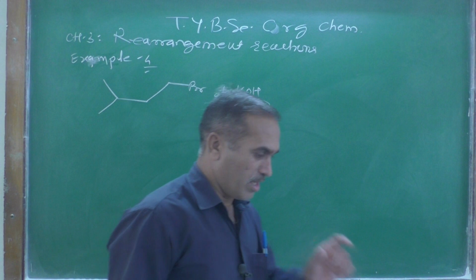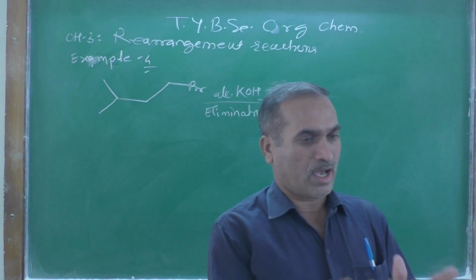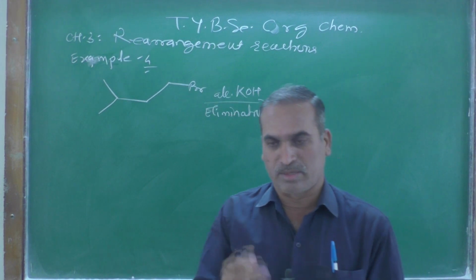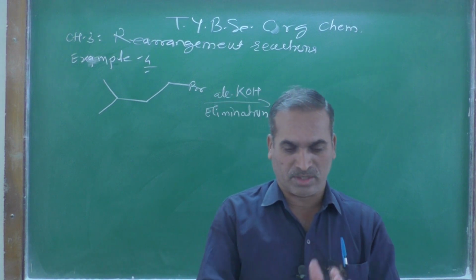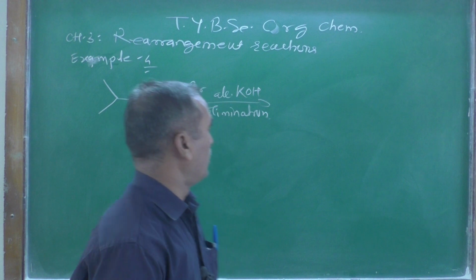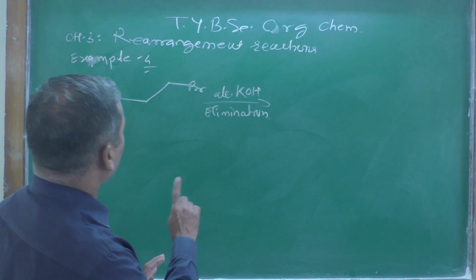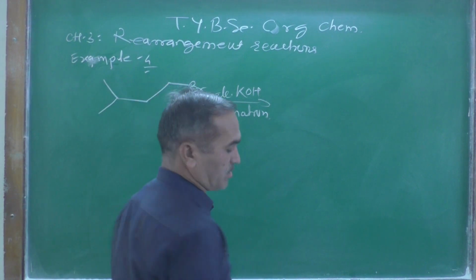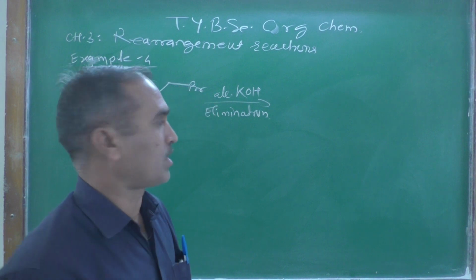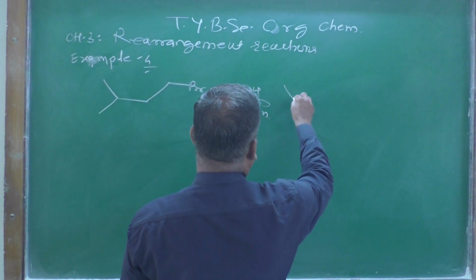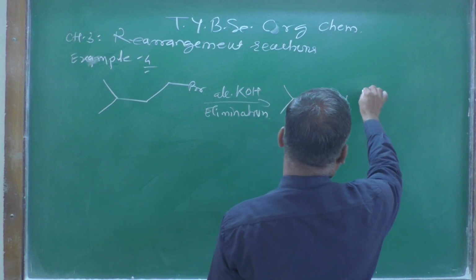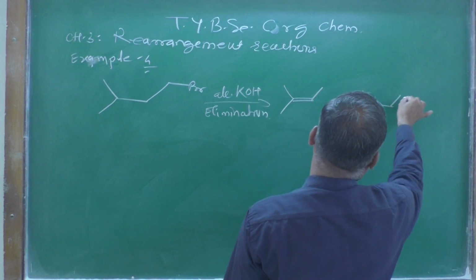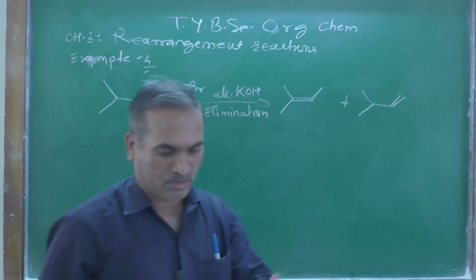A reaction in which an atom or group of atoms are removed to form a higher degree of unsaturation is known as an elimination reaction. If an elimination reaction takes place, it gives 2 kinds of products. A double bond here, and another one we are getting here. These are the 2 products we got.